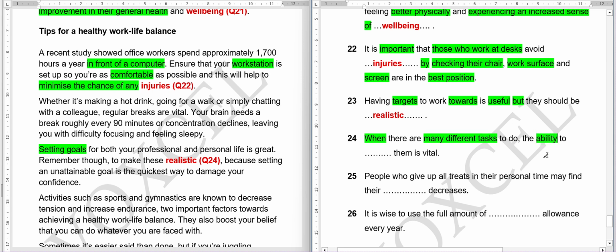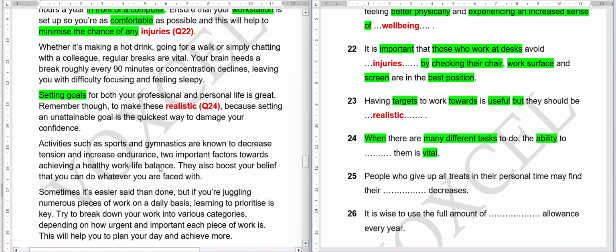So you should have the ability to dash them, to label them, to list them. That kind of ability is vital. Let's see what kind of ability is vital. What should you be able to do with many different tasks at once or at a particular time?